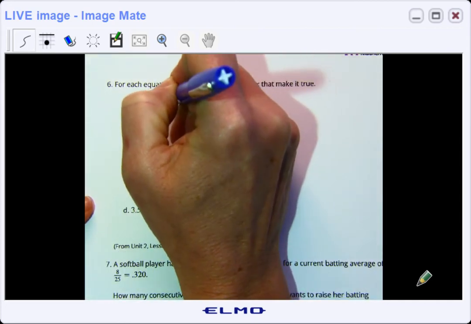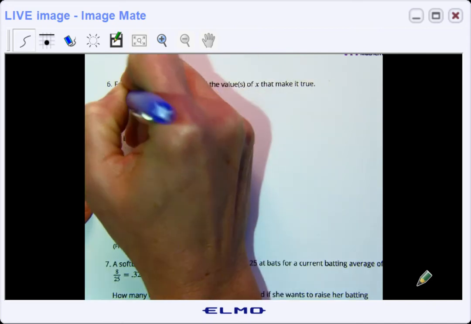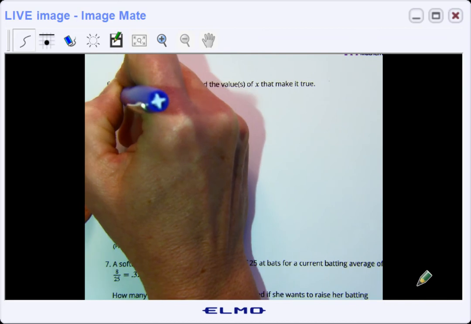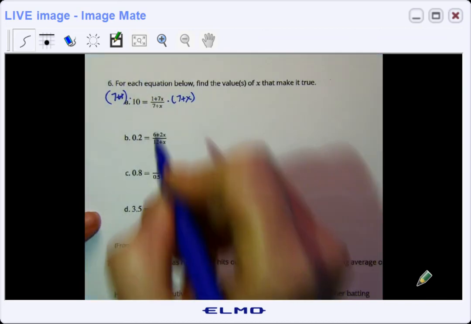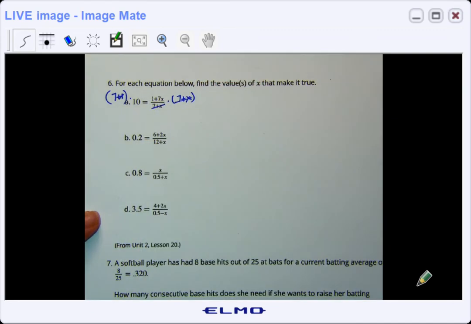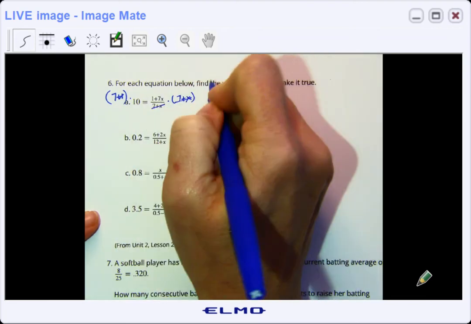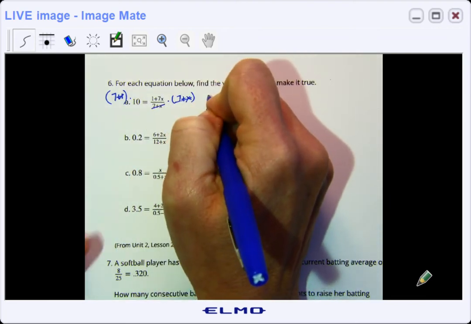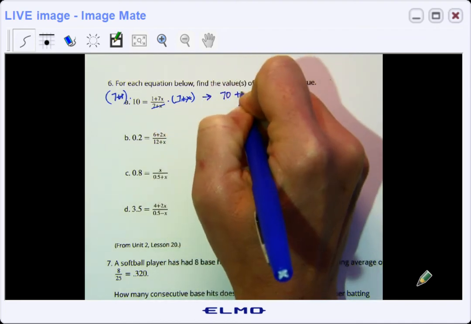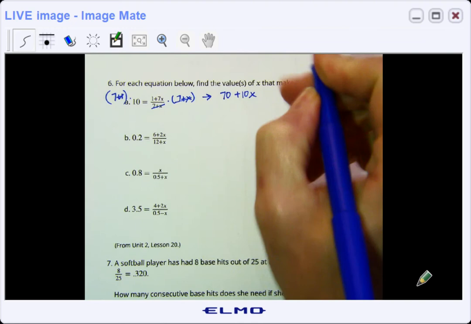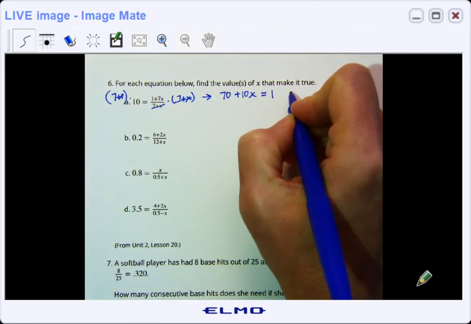So I'm going to multiply here by 7 plus x, and same over here. So these cancel each other out. 7 plus x times 10 is 70 plus 10x, and that equals 1 plus 7x.